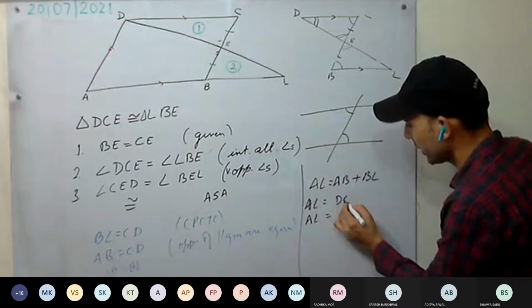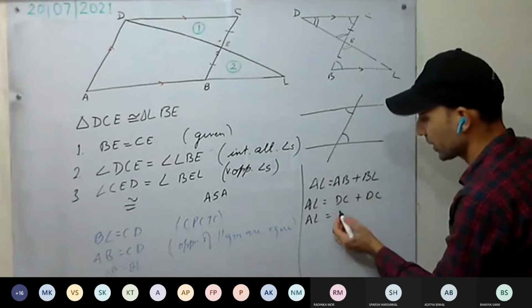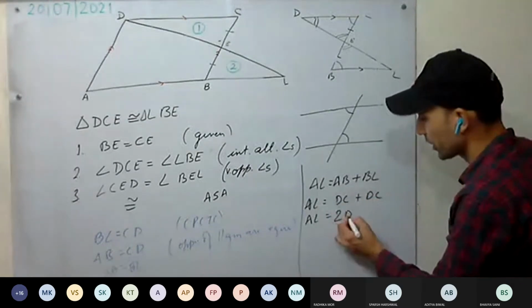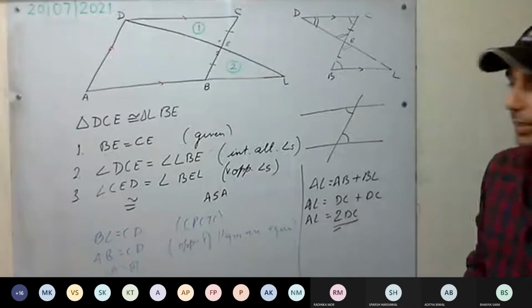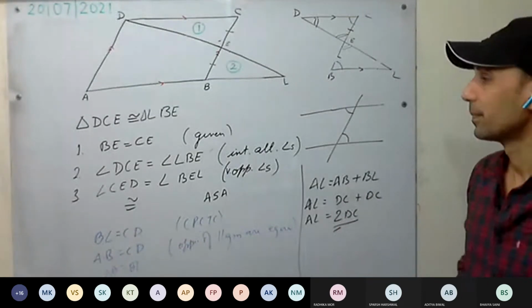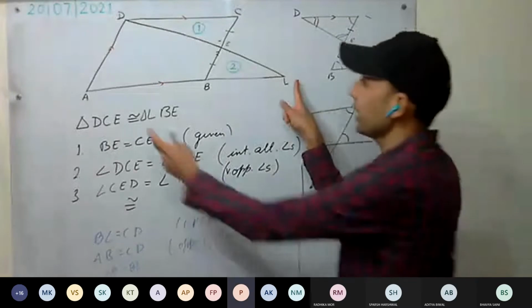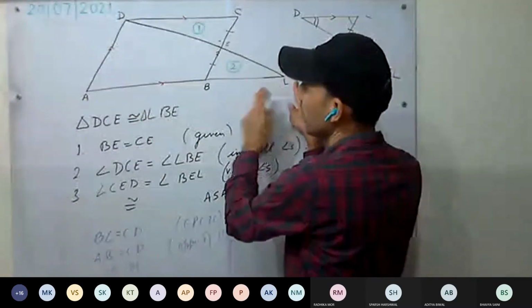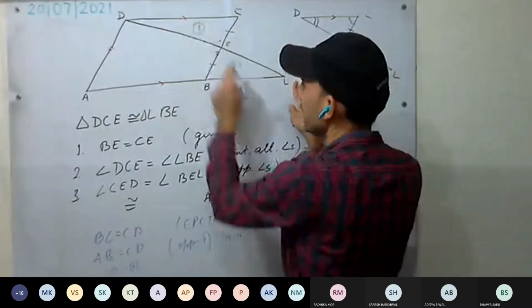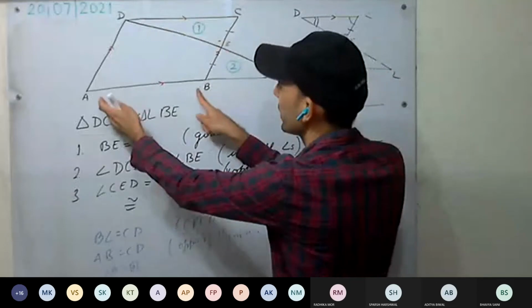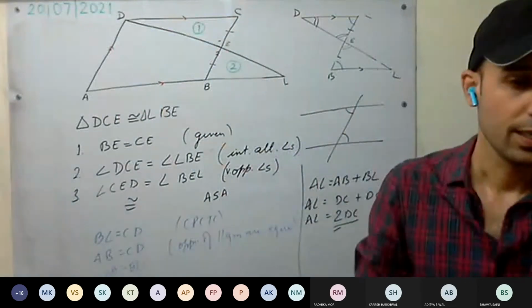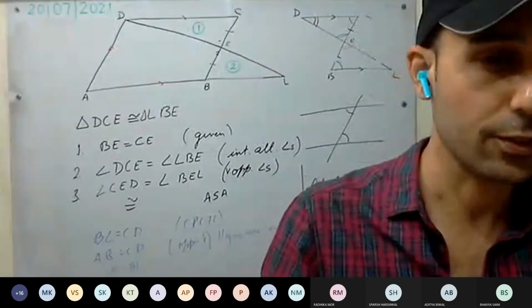AB equal to DC and BL equal to DC as well. So DC plus DC, 2DC. Have you got it? Understood the 9th question? So try the 9th question.